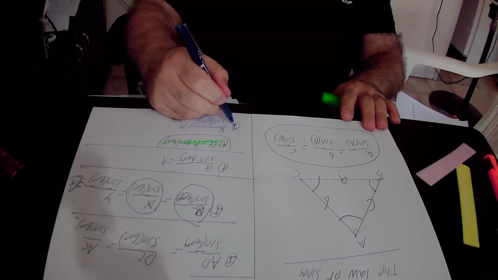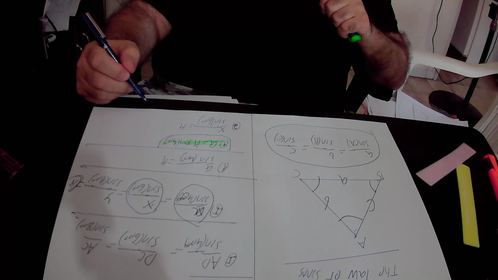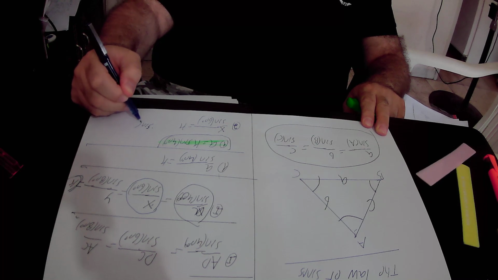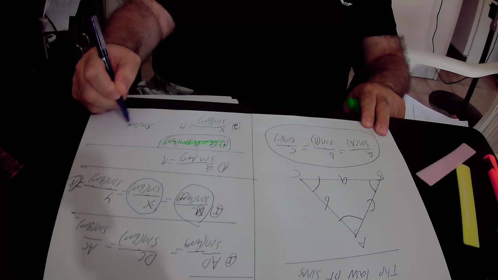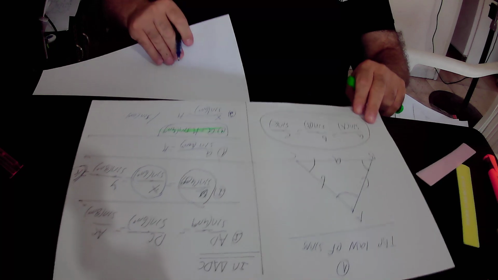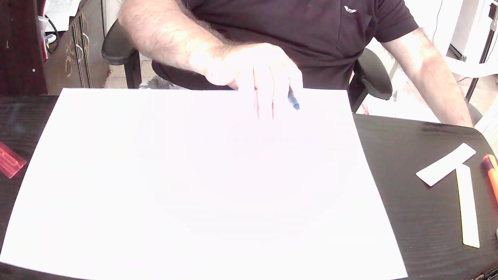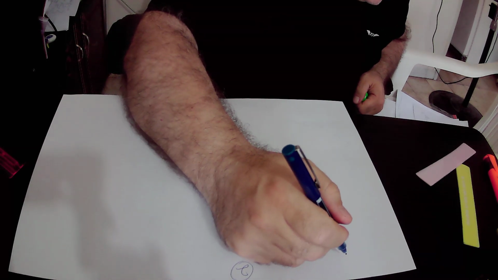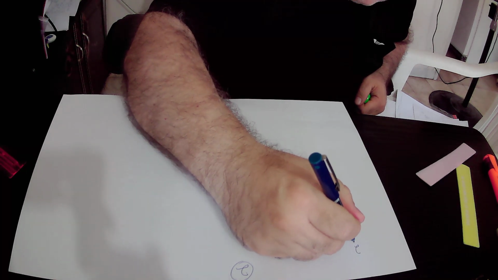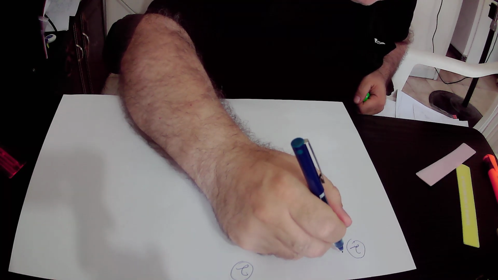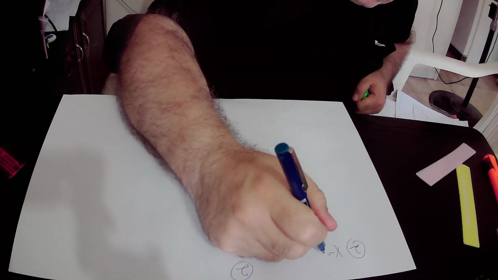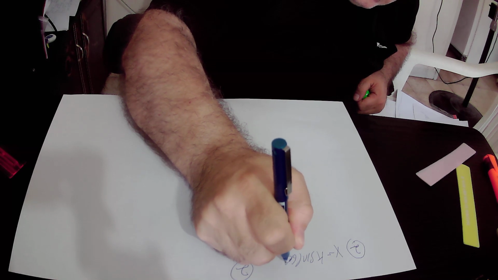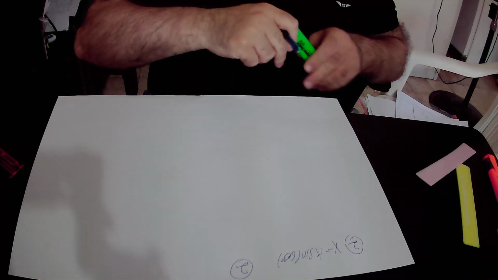Here we will multiply this equation by sine 60 degrees and we'll get that according to equation number 2, x equals k times sine 60 degrees.